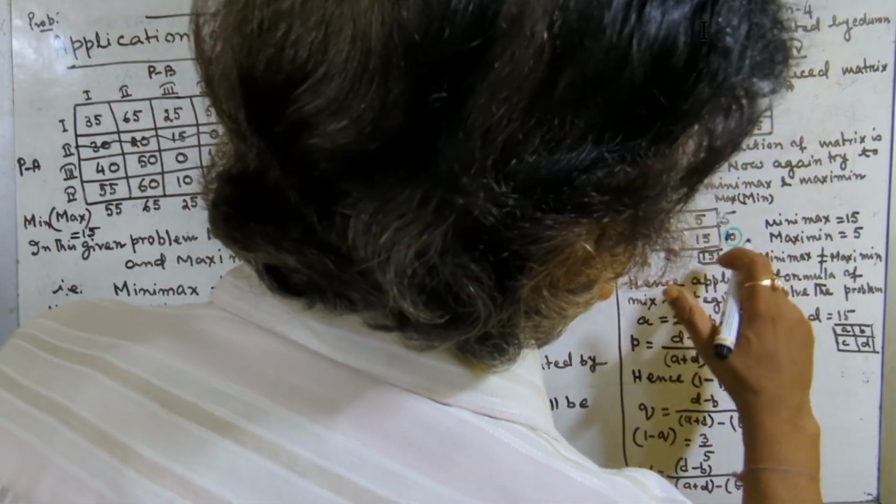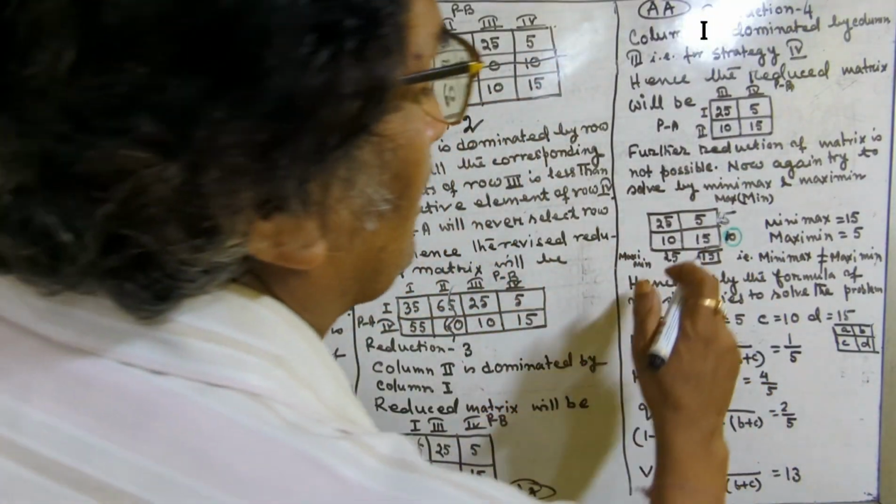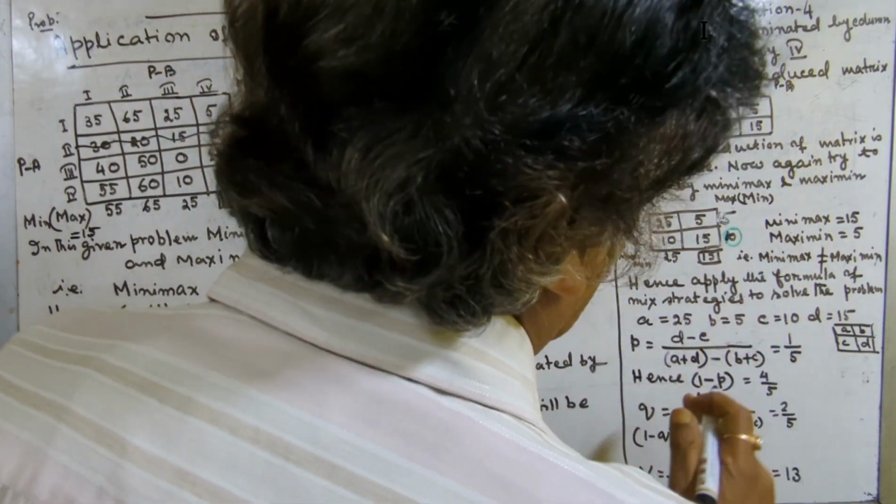Again, minimax is not equal to maximin. That's why you have to apply mixed strategies.